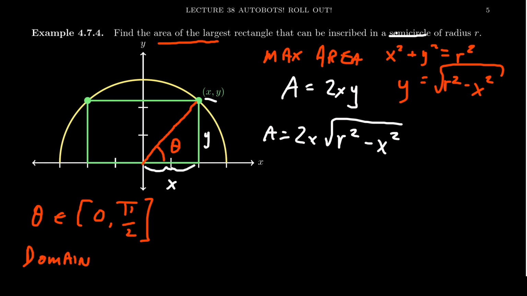And both of these situations do seem absurd, because theta equals 0 would look like this rectangle right here. It would just be completely flat. Its area is going to be 0.